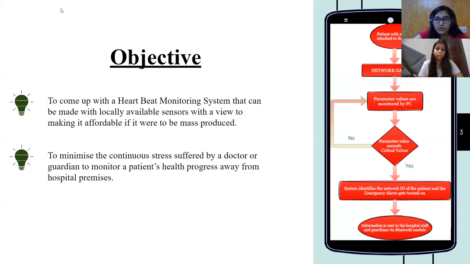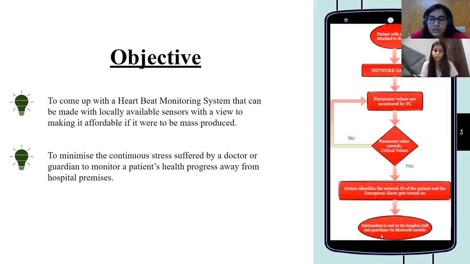So let's look at this flowchart now. This is the flowchart representation of our project. So first the pulse sensors are attached to the patient's body. Then the signals are sent to the network gateway where the parameter values are monitored by the PC. Now, if the parameter value exceeds the critical value, then the system identifies the network ID of the patient and the emergency alarm gets turned on.